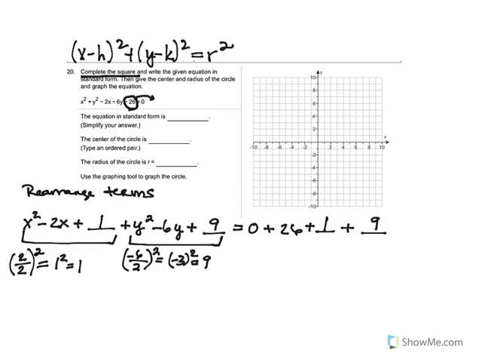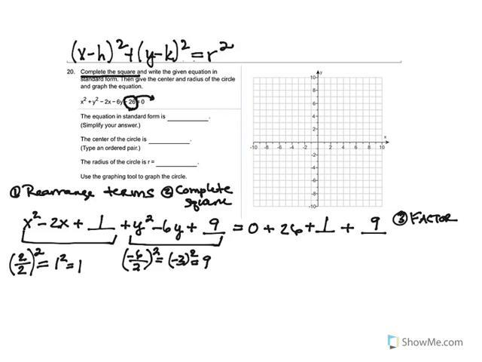So what does that mean for the next line? Well, on the next line, you are going to simply factor each trinomial. So you rearrange your terms, you complete the square, and then you are going to factor, and you simplify on the other side.